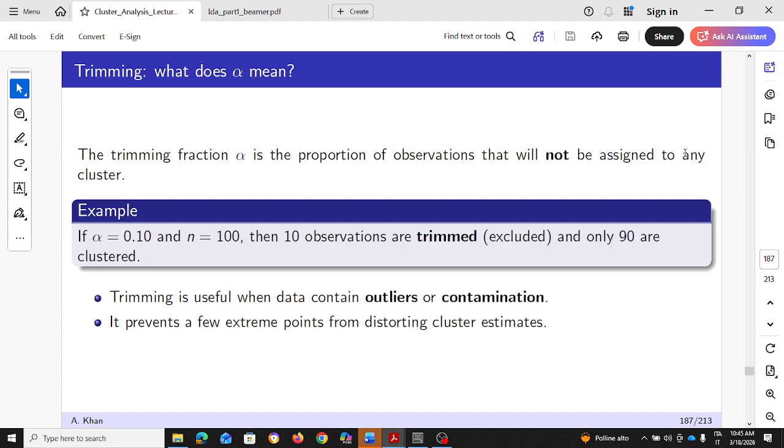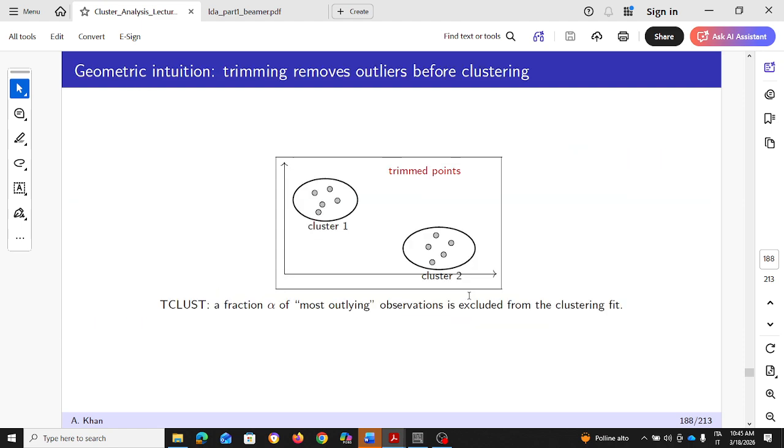So then we saw an example yesterday where we want to trim alpha 0.10. This means that if we have a total number of points n equal to 100, we trim 10 observations from our data. So 100 minus 10, we have 90 points in our data that we need to cluster. So the outliers or the contamination we had in our data, we trimmed those.